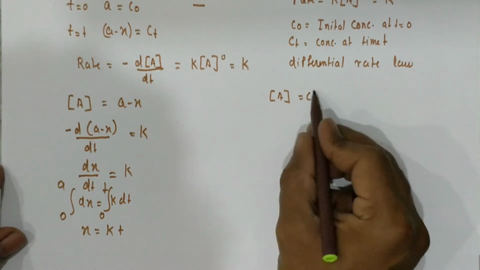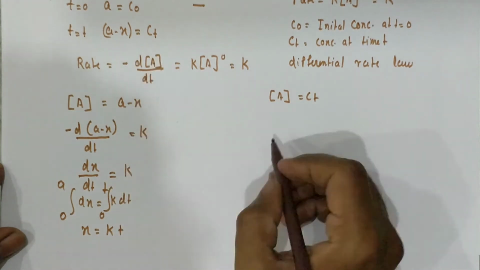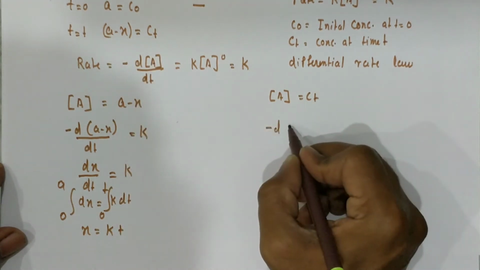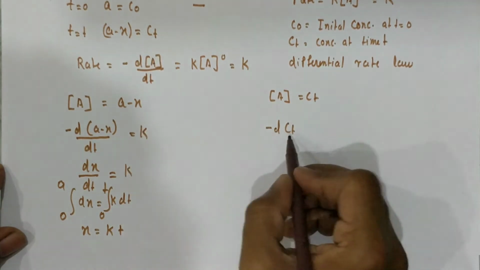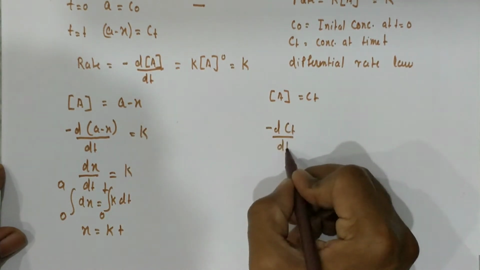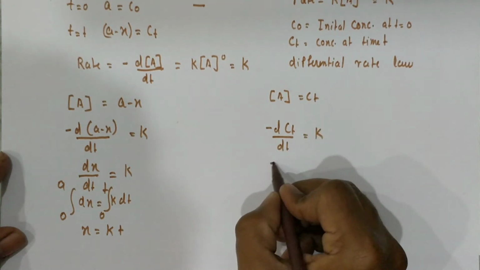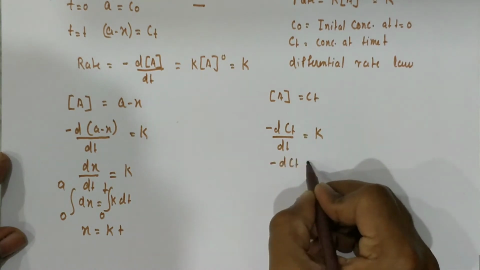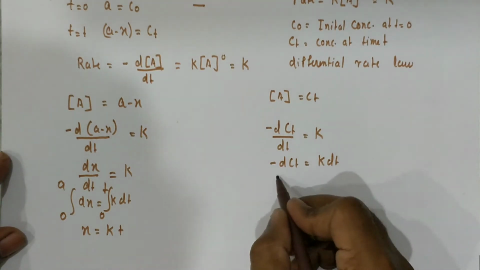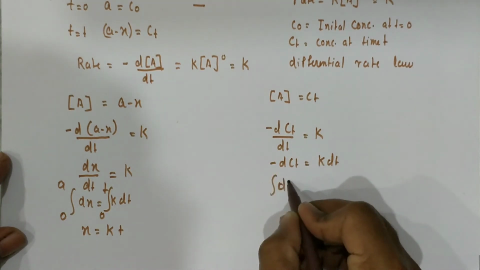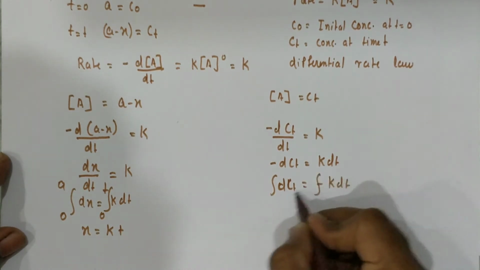Similarly, if the concentration of A is taken to be Ct, the differential rate equation will become minus dCt upon dt equal to K, that is minus dCt equal to K dt. Integrating both sides, this can be written as dCt equal to minus K dt.